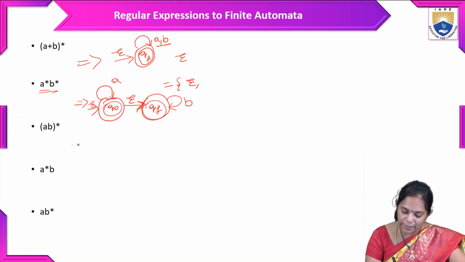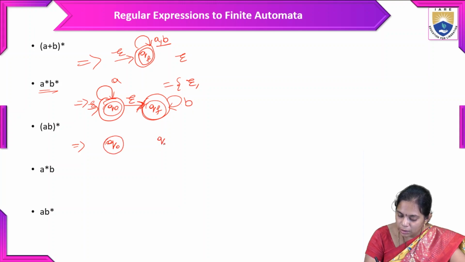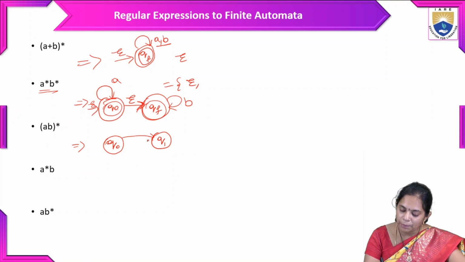And coming to (AB)*. So (AB)* is nothing but we have the final state here. So Q0 and Q1. Here A is followed by B. So we write A, and B which is followed, and with AB it is reaching the final state. Why? Because the initial state is a final state, in the sense that epsilon is there, so epsilon is the starting, and AB can occur how many times?